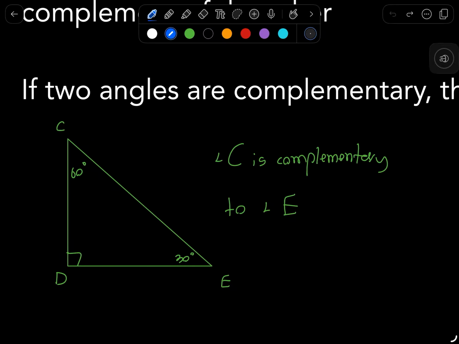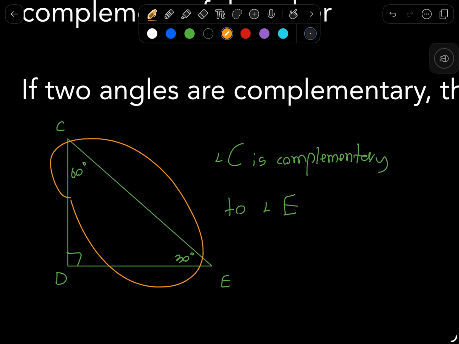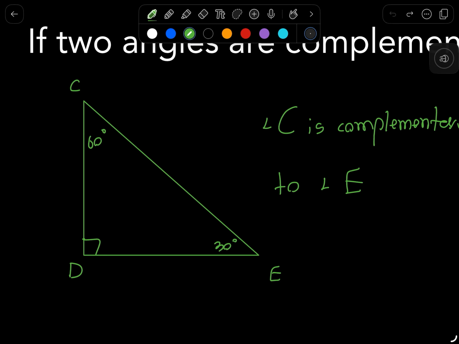So the sum of these two angles has to be 90 degrees. Because these two add up to 90, they're complementary angles, and therefore angle C and angle E are complements. You also know they're complements because 60 plus 30 is 90.